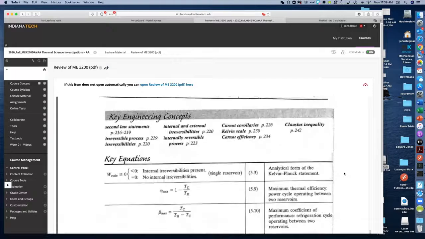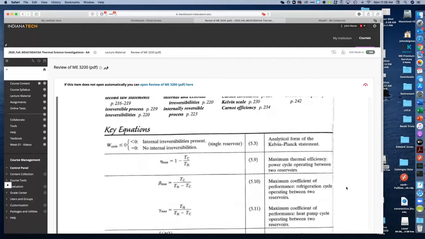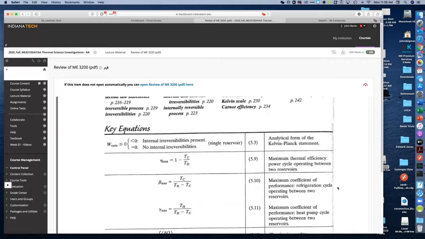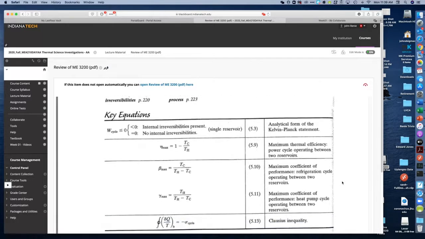But what this chapter does do is introduce what is referred to as the Carnot efficiency of various types of devices that undergo certain cycles. And so what we find is that one form of the second law, shown here, is that the work of the cycle is less than or equal to 0.